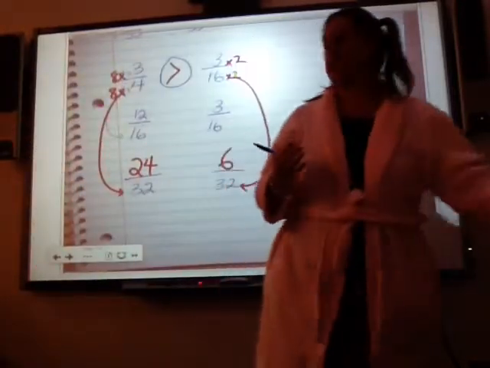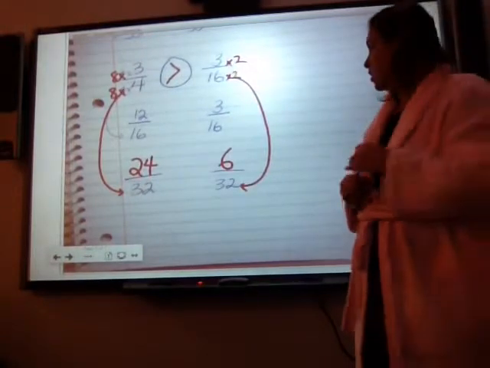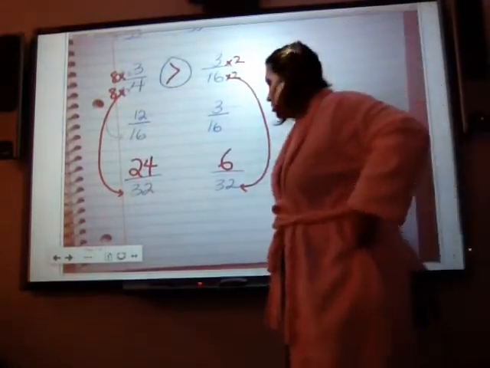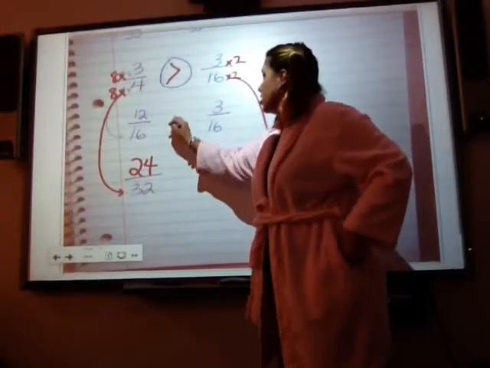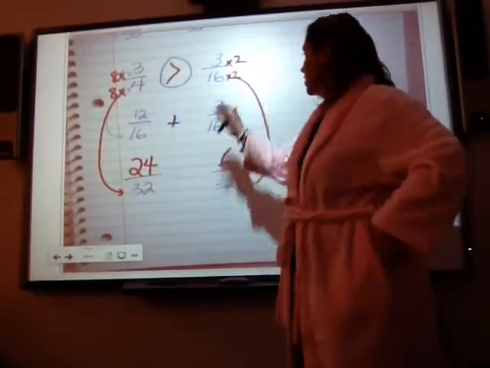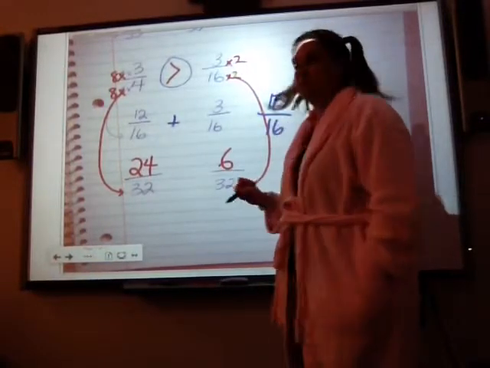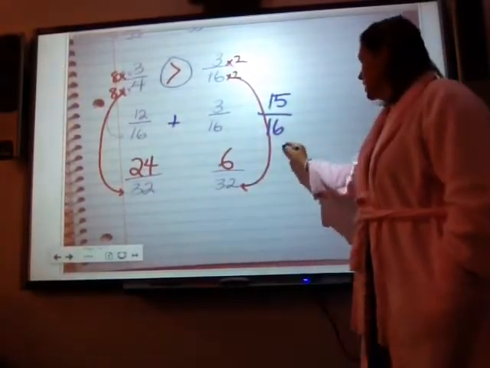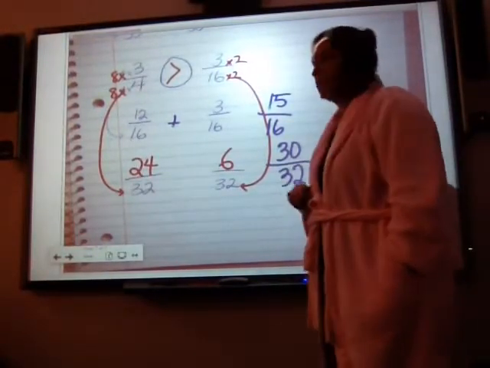Let's just say for all intents and purposes that I was adding these answers. So I would add 12 sixteenths plus 3 sixteenths to be 15 sixteenths. And 24 plus 6 is 30 over 32.